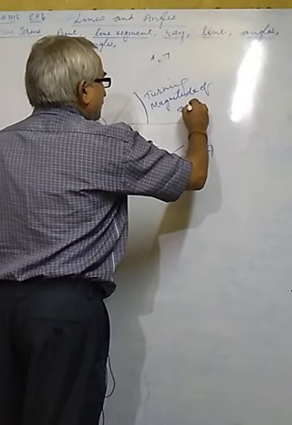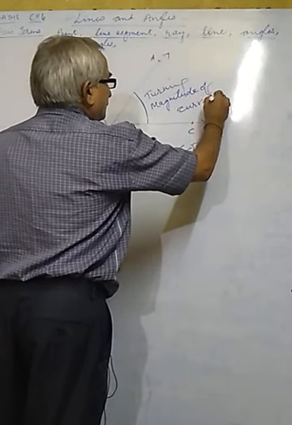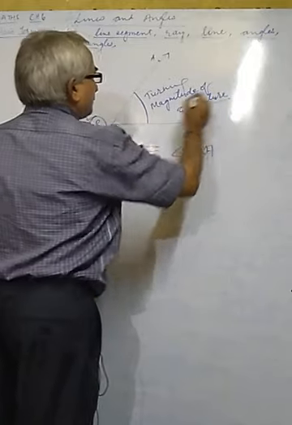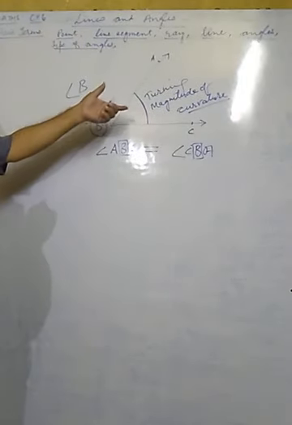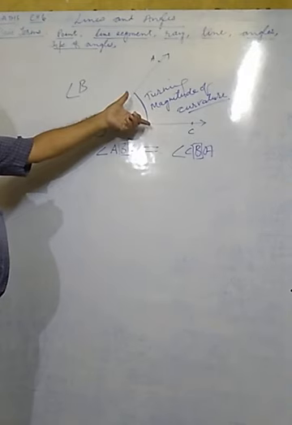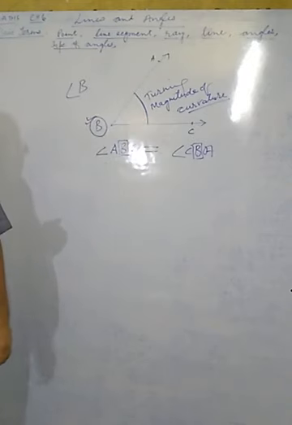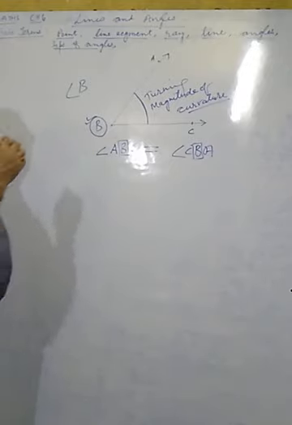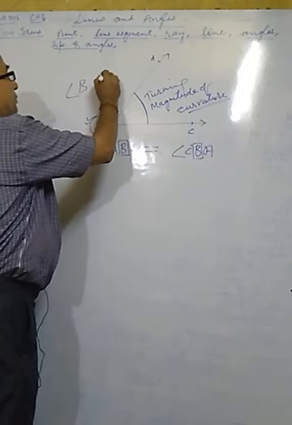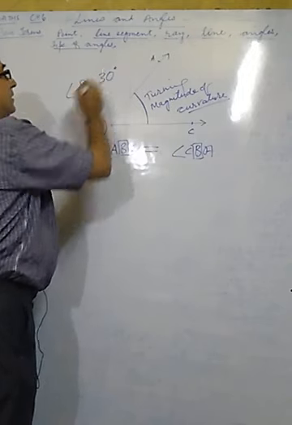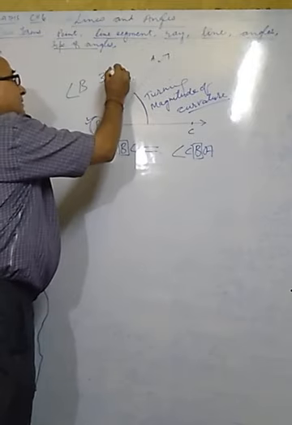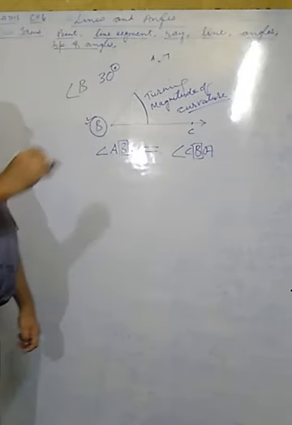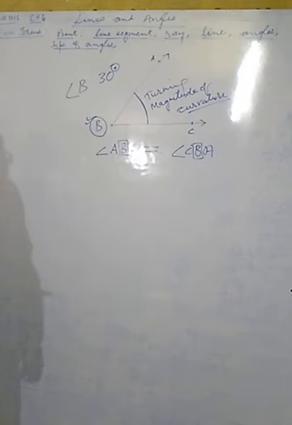This turning, magnitude of turning or magnitude of curvature is known as angle. And this is generally measured in degrees. Suppose this one is 30, so this will be 30 degrees. The unit of angle is degree here.